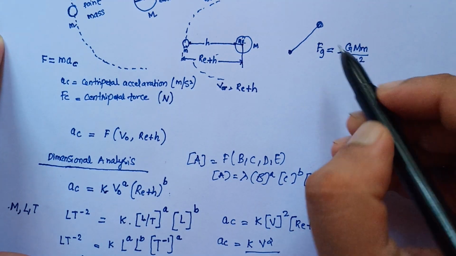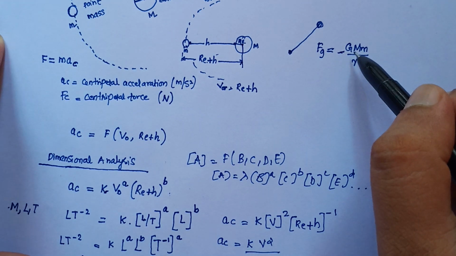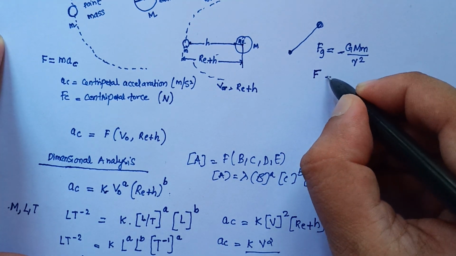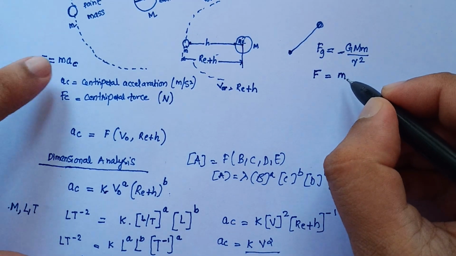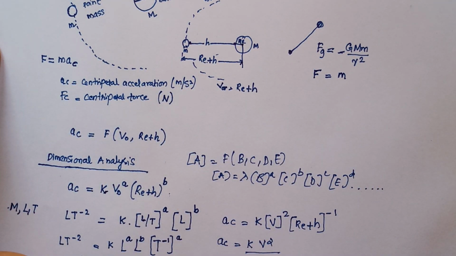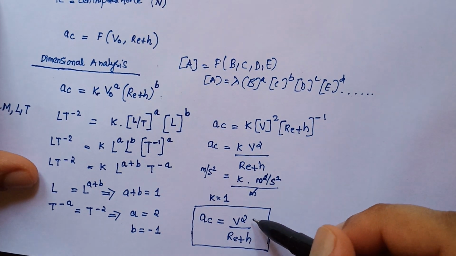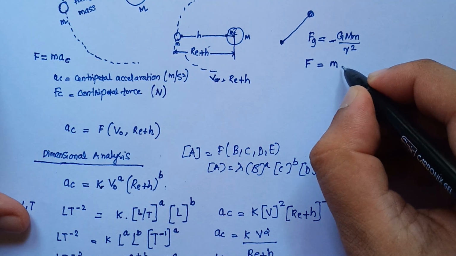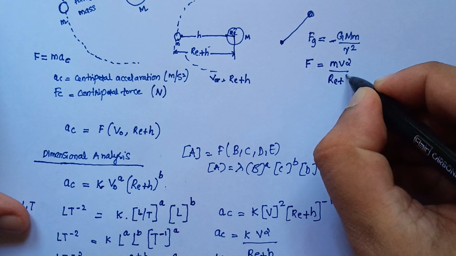Now again, F is equal to m times AC, which you have already seen here. Now we substitute the new AC value, that is v square by Re plus h. Now this will turn into mv square divided by Re plus h.